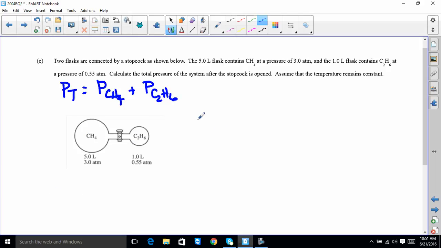And so because the temperature is not changing, the P1 V1 over T1, which is not on your formula sheet, because the temperature is constant, you can cancel these.